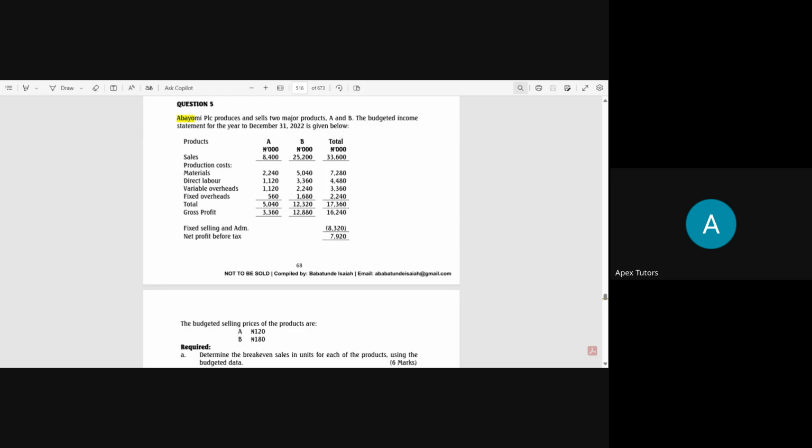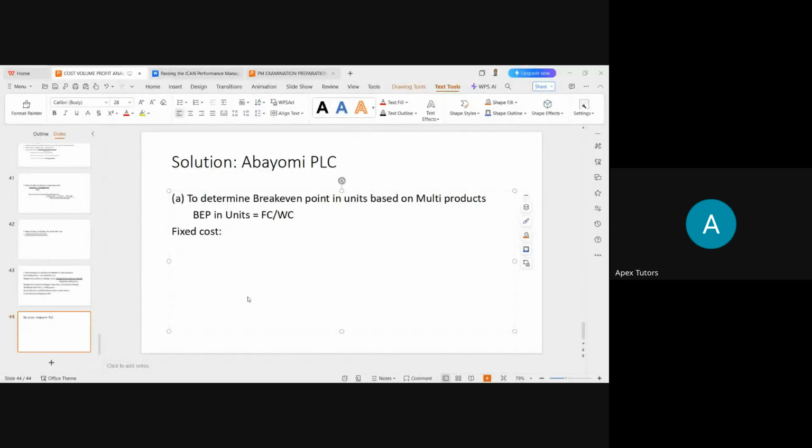In your book, you write it that way. The fixed cost will be 560 plus 1,680, you have 2,240.